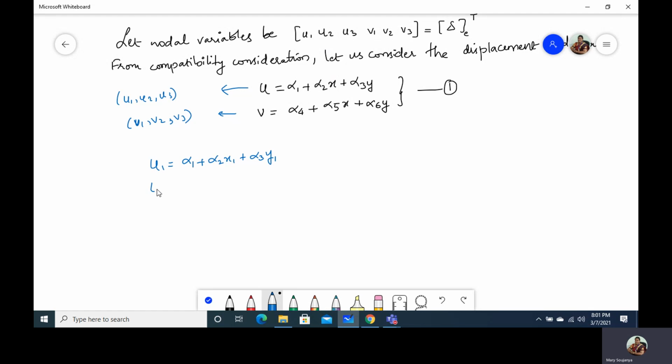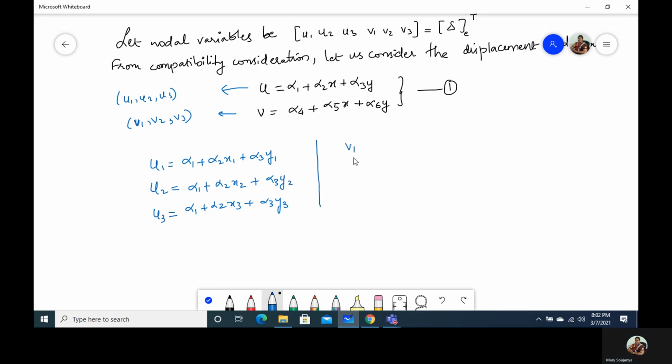Now, here u2 is equal to alpha 1 plus alpha 2x2 plus alpha 3y2, and u3 is alpha 1 plus alpha 2x3 plus alpha 3y3.